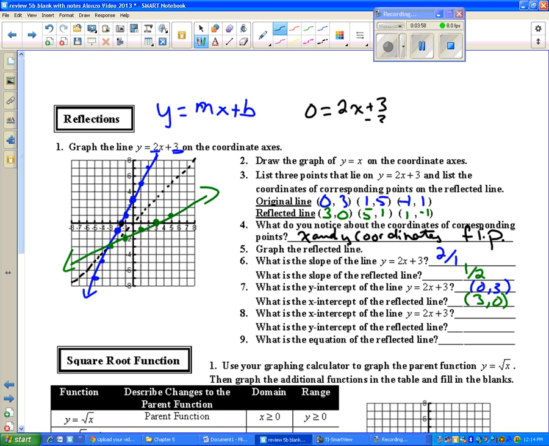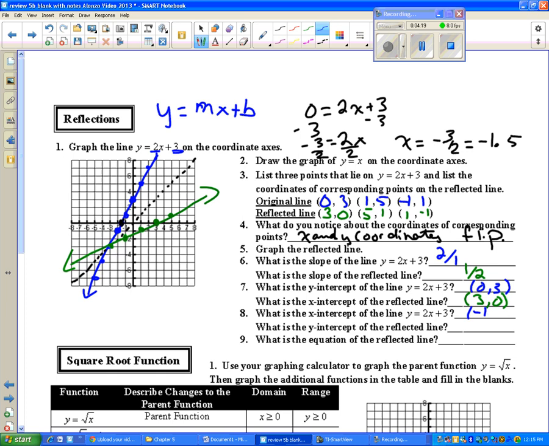So you subtract 3. So -3 is equal to 2x. Divide by 2. And x is equal to -3 halves, which is the same as -1.5, which is what that point looked like. That is my x-intercept of the original line.